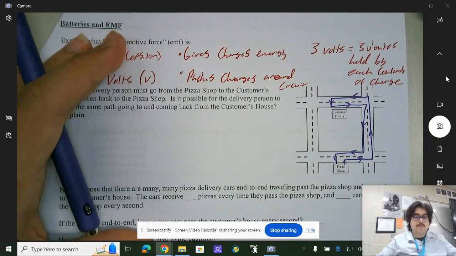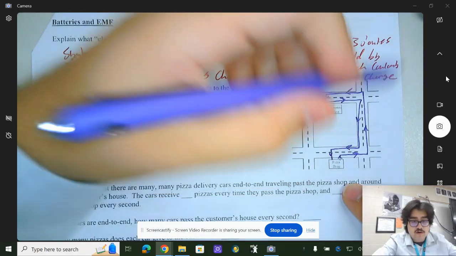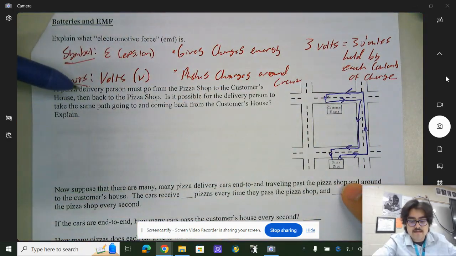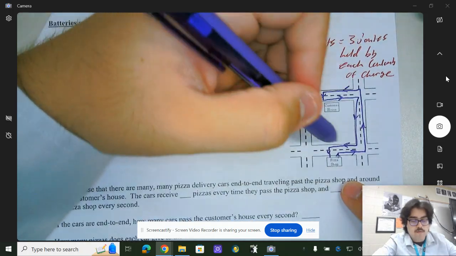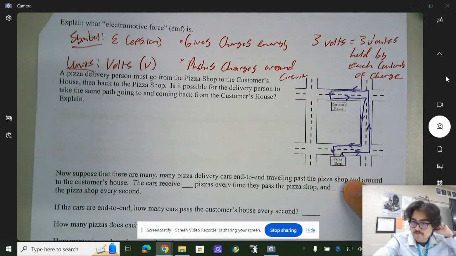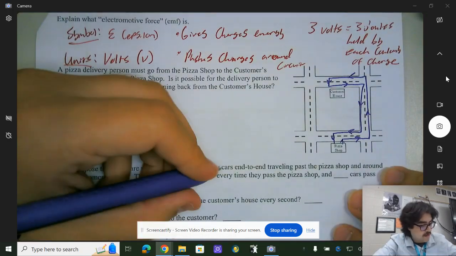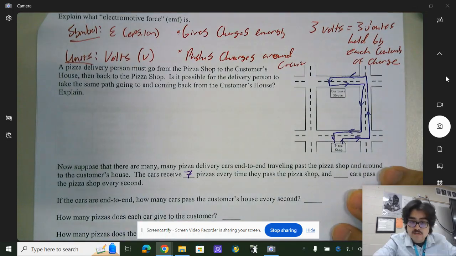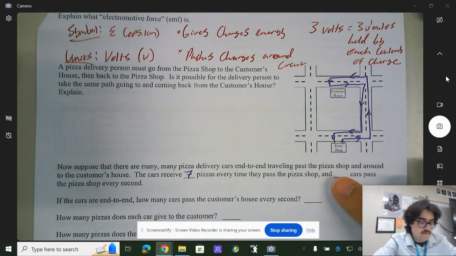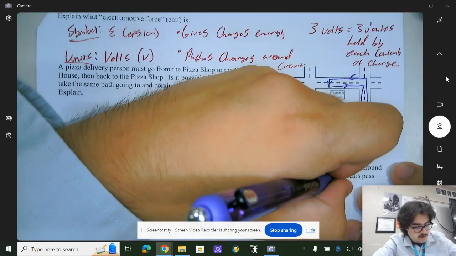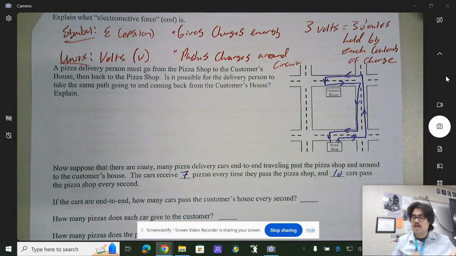So let's suppose that there's a ton of delivery cars, end to end, going by the customer's house. Every time they come by the pizza shop, they get 7 pizzas from us, and we get 10 cars passing the pizza shop every second.